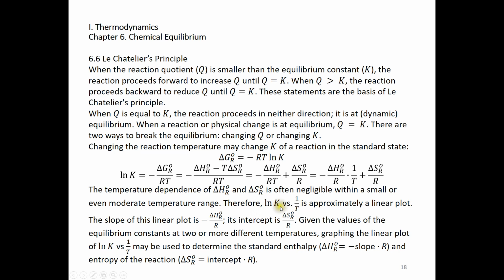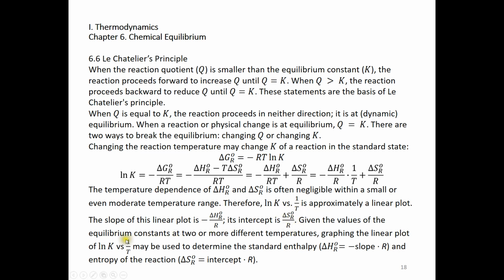So that's why we can just plot this ln K versus 1 over T. It's approximately a linear plot, and we get the slope. The slope is negative standard enthalpy of reaction over R, and we can get the intercept. The intercept is simply the standard entropy of reaction over R.